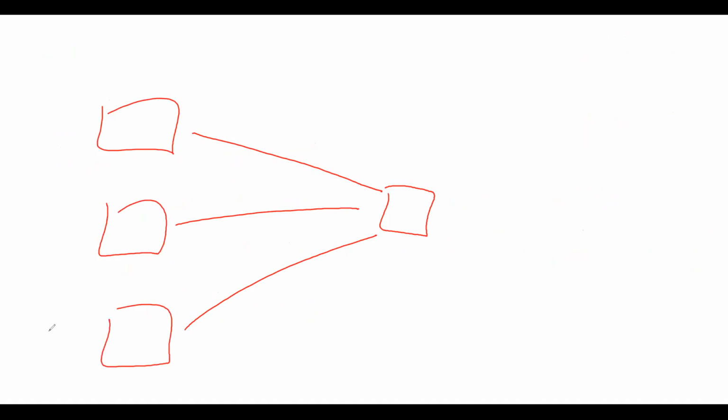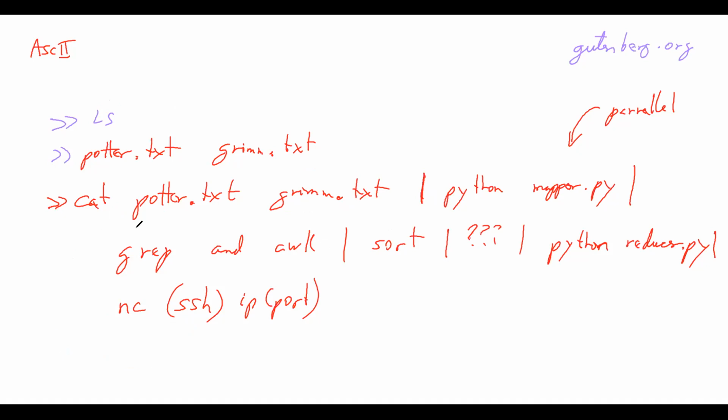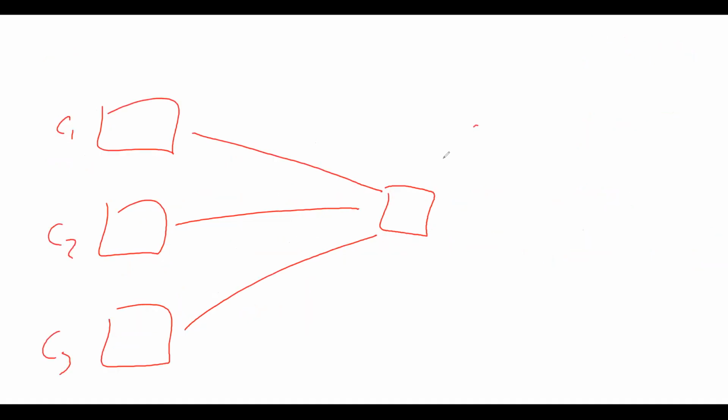We have computer 1, computer 2, computer 3. Each of these is running the same scripts, mapper and reducer, some processing here, and finally a redirection. There are various ways of doing these redirections, but you send the results of all computers to one centralized computer, which of course has to be listening.